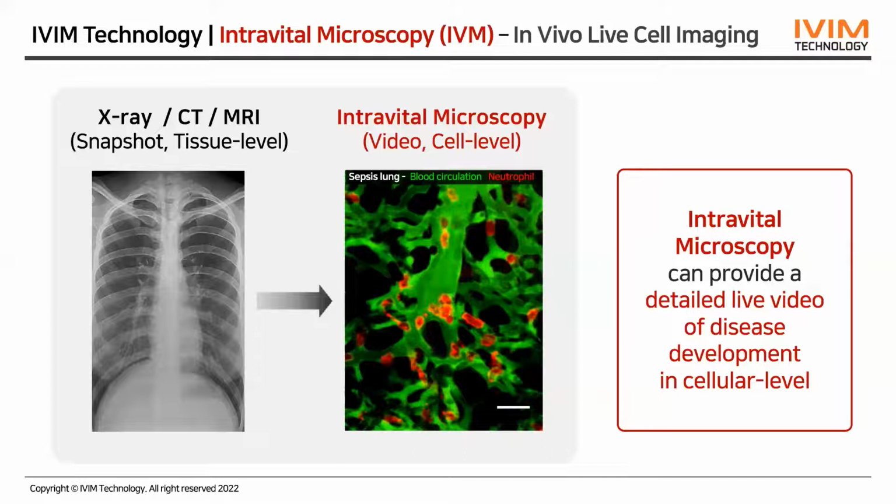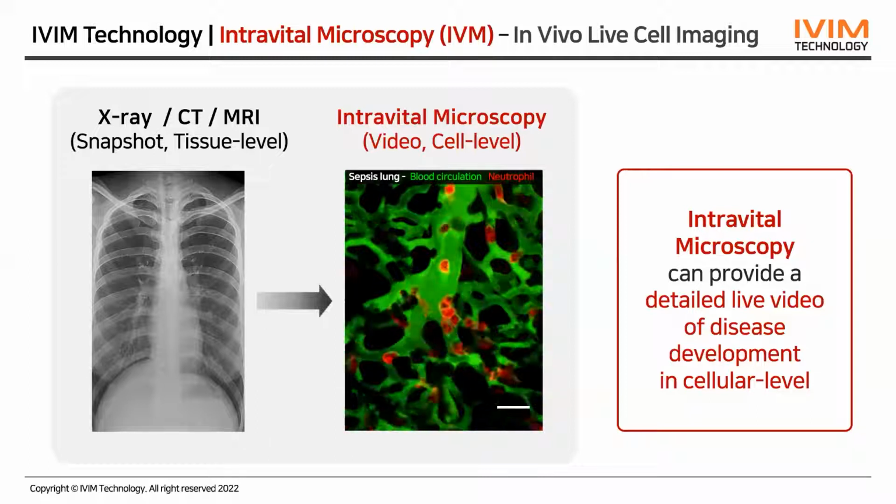Firstly, I'd like to introduce IVIM's intravital microscopy to observe live tissue and cells in the live animal. Compared to the conventional imaging technology, which only provides tissue-level information, intravital microscopy can directly observe the dynamic cell movement in the internal organ of the live animal model for human disease.